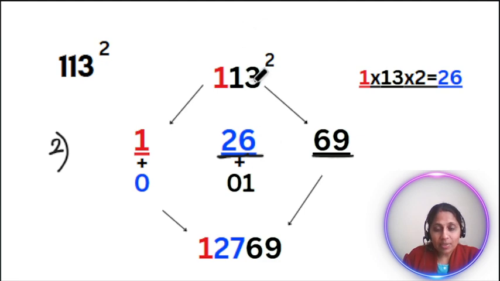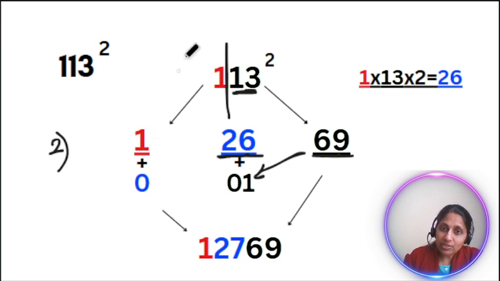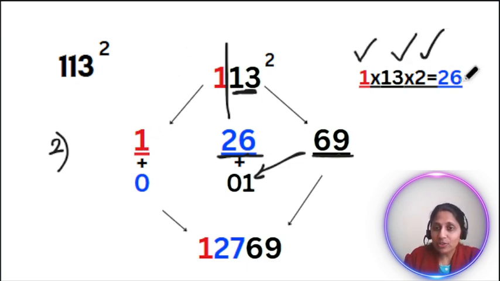So first step, you have to take these 2 as one part. Split the digits into 2. 13 square is 169. So write 69 and take 1 as a carry forward. 1 square is 1 only, so keep it as such. Now 1 times 13 times 2, which is 26.